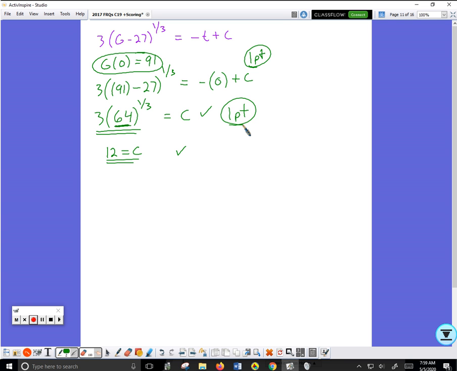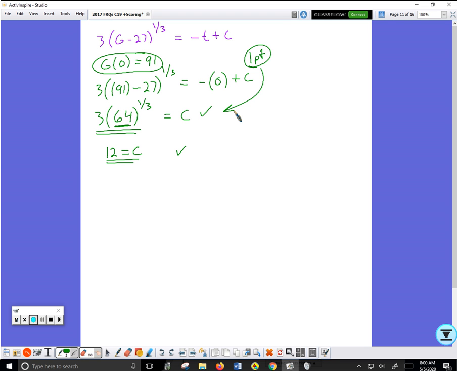The last step now is to find, they're actually different on this one, my bad. They switched it up a little bit. 1 point total for doing that. So 1 point total for that section in green. So 1 point for getting to here and finding c.